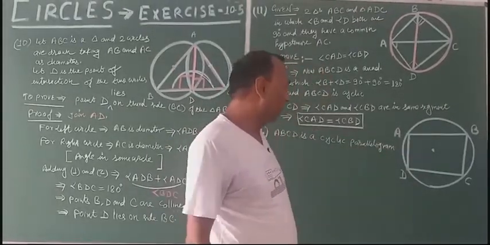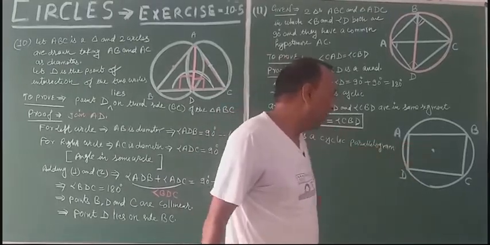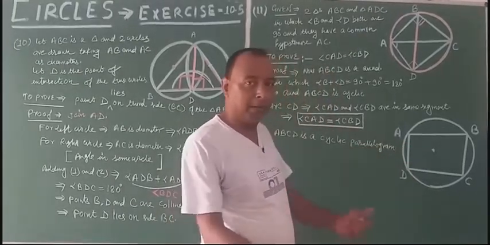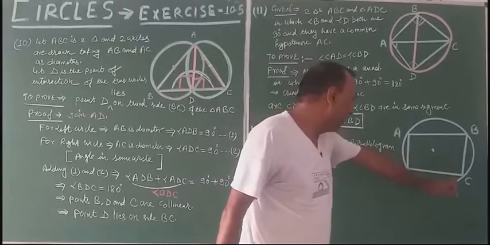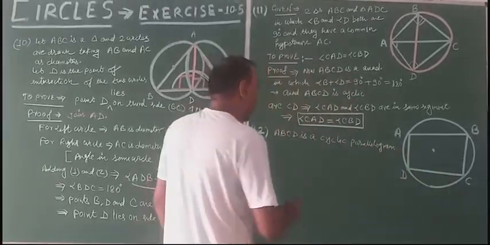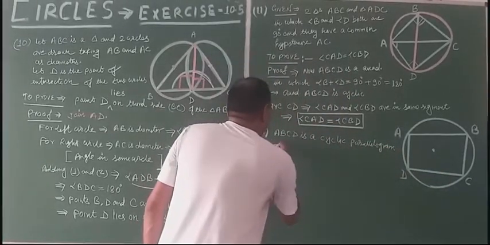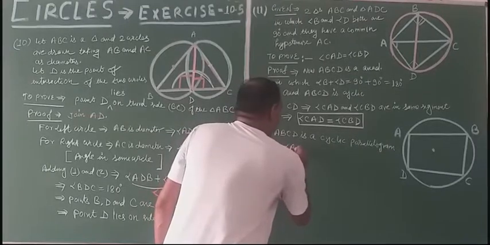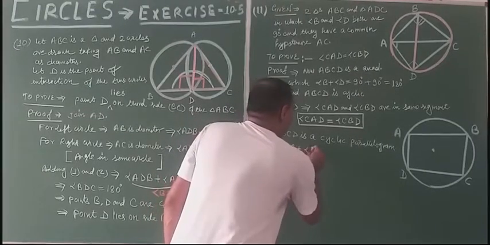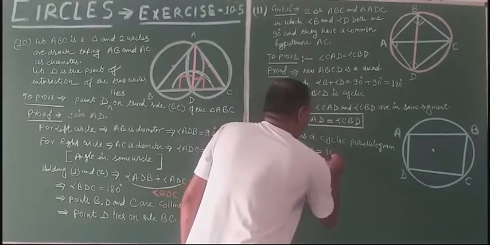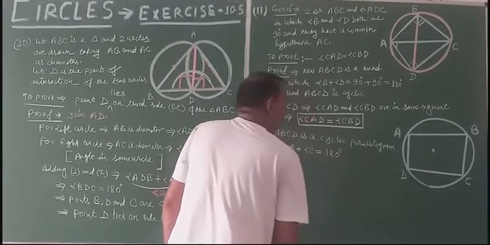Therefore, what will happen? Sum of angle A and angle C will be 180, and sum of angle B and angle D will be 180. So therefore, angle A plus angle C will be how much? 180 degree.